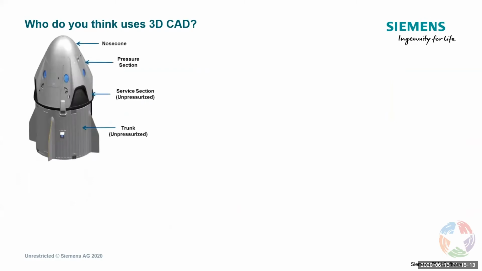And we've all hopefully watched what's been going on with SpaceX and NASA and taking astronauts back up into space. SpaceX uses 3D CAD to design all that. They need to understand how much weight is in something, how much thrust, and everything else that needs to go along with that.